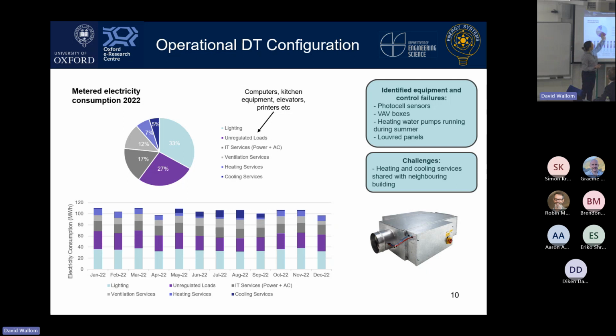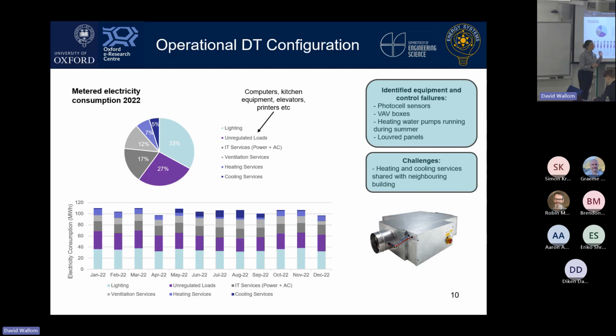On the metering data, it was also noticed that the heating water pumps were still operating during summer when heating was not required, so this incurred an additional electricity consumption. And finally, the building is equipped with shading panels that slide to provide shading during summer, and those panels are supposed to slide via a motor that was not working anymore, so no shading was provided anymore during summer.